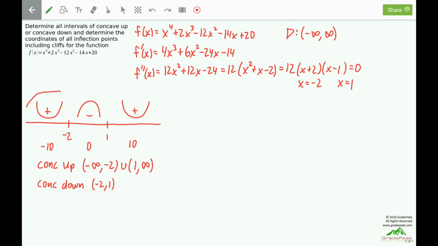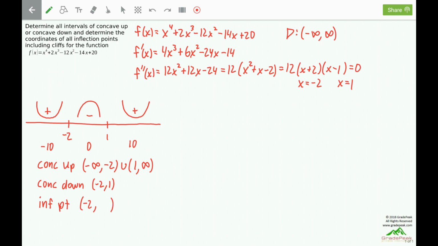Right at the candidate value of x equals negative 2, the concavity is changing from concave up to concave down. That will make x equals negative 2 be an inflection point. So we have an inflection point at an x-coordinate of negative 2.